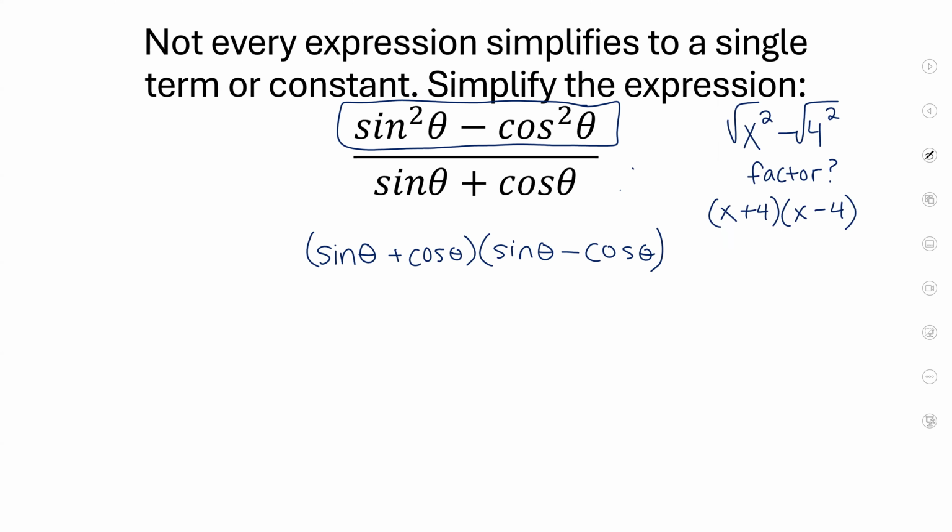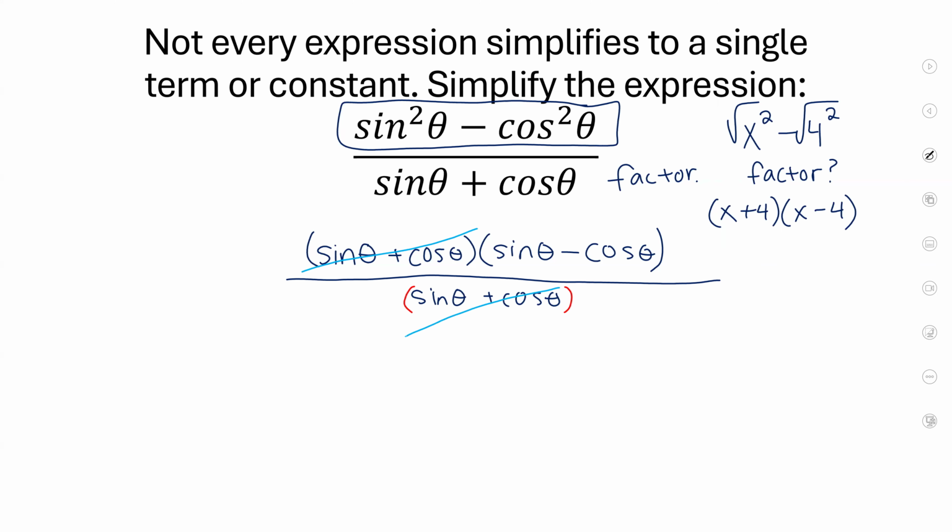So I just factored the numerator, all over the denominator, which is sine theta plus cosine theta. I'm going to group these together just so you can see clearly what will cancel. This factor cancels out with this factor. So my final answer is what's left over: sine theta minus cosine theta.